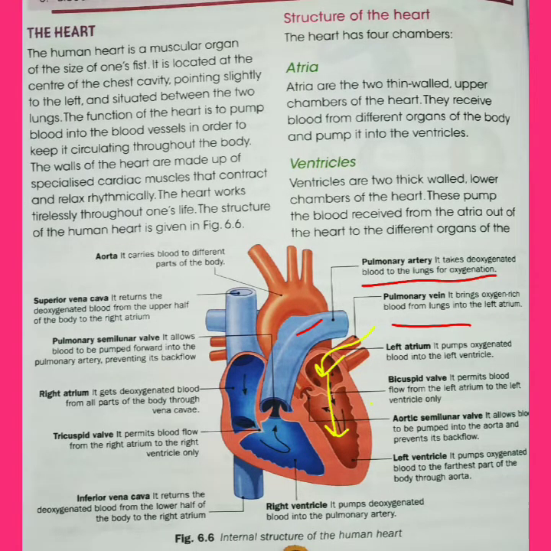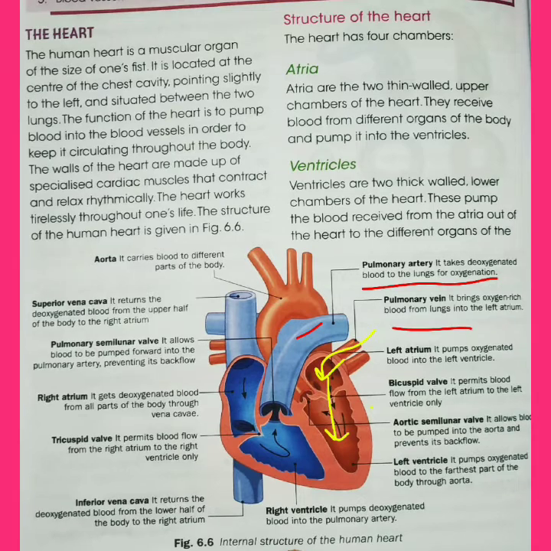From this left ventricle, the blood is pumped into the aorta, from aorta to different body parts. While it is going from left ventricle into the aorta, there is another valve whose name is aortic semilunar valve. So through this aortic semilunar valve, the blood is pumped from left ventricle to aorta.